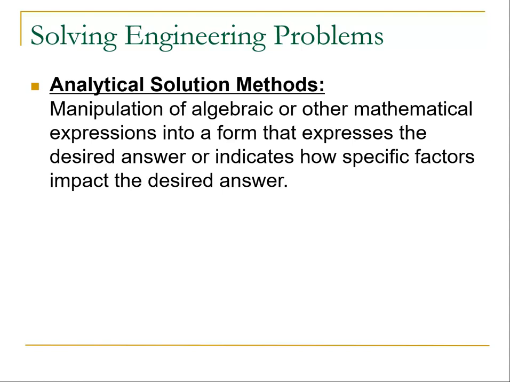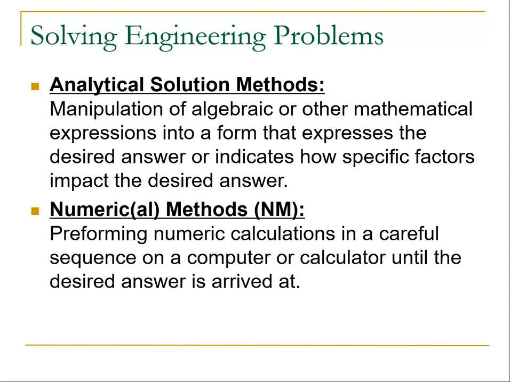The other important skill is what we call numerical methods. Numerical methods are sometimes used as a secondary step to the algebraic or the analytical. Numerical methods really is coming to a specific answer. So the analytical method is more curious about the relationship, while the numerical method is coming to a specific case or a specific answer that you want about your general relationship.